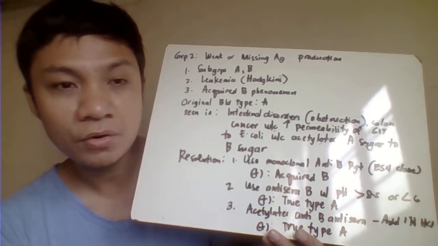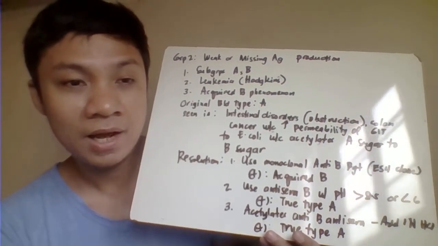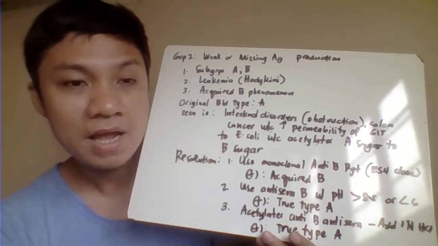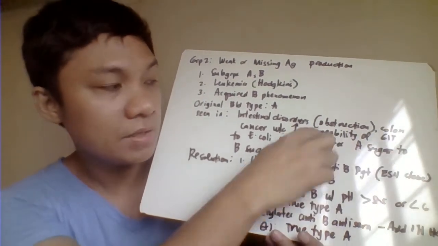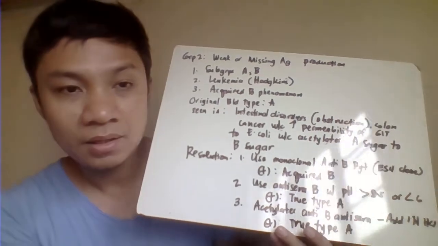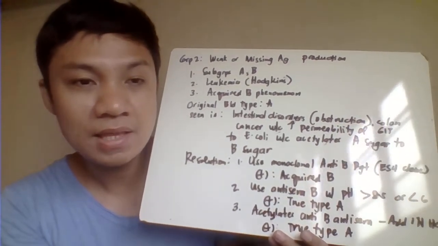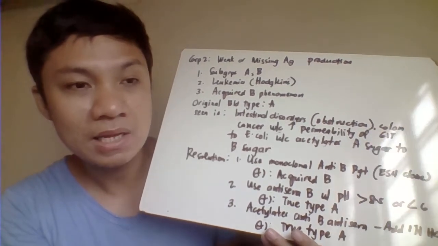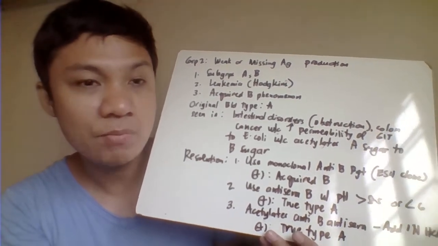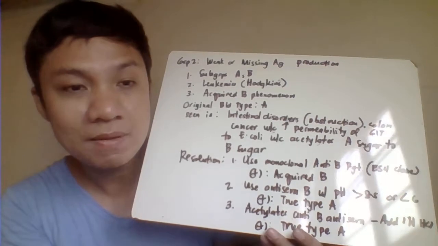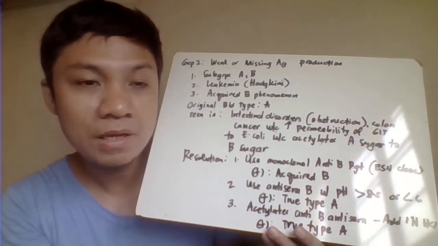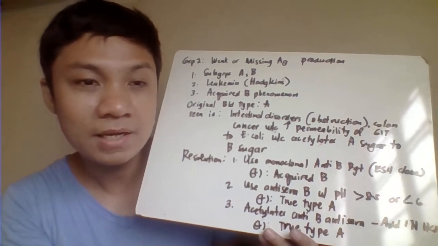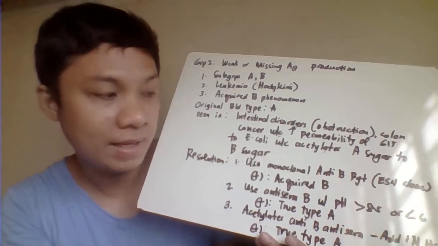Acquired B phenomenon occurs in the type A individual, where eventually the bacteria, because of intestinal obstruction or colon cancer, expose the blood vessels of the patients, and therefore the bacteria deacetylate the immunodominant sugar of group A, which is N-acetyl-galactosamine, to become D-galactose. And producing that, our individual becomes type B.